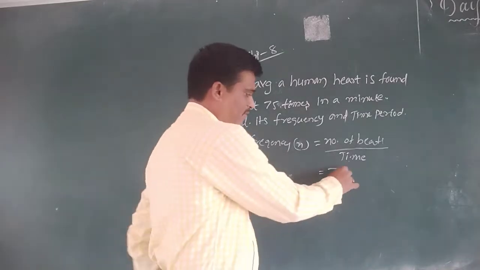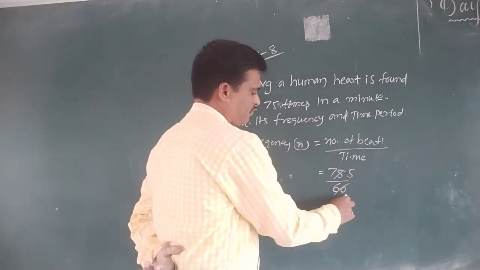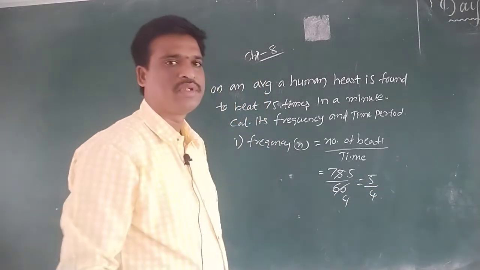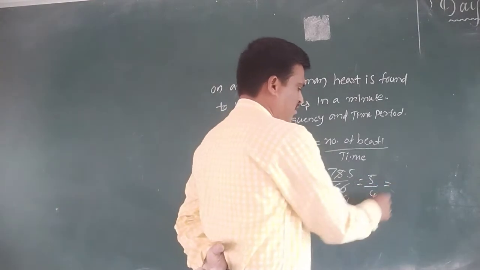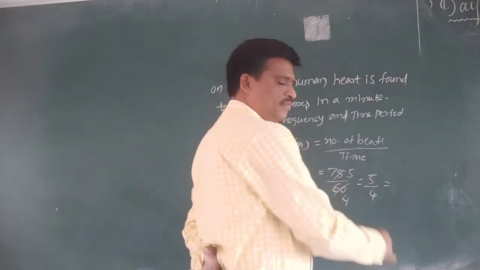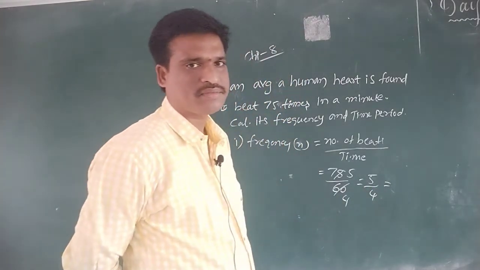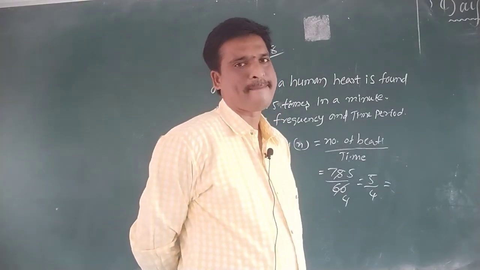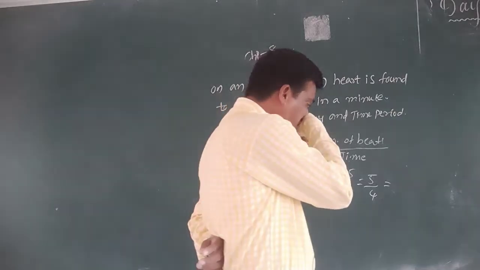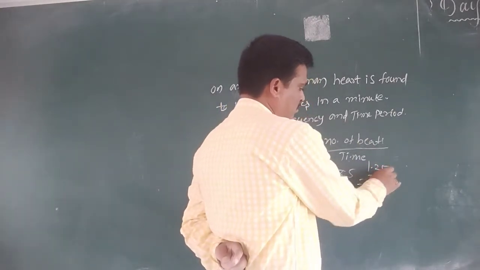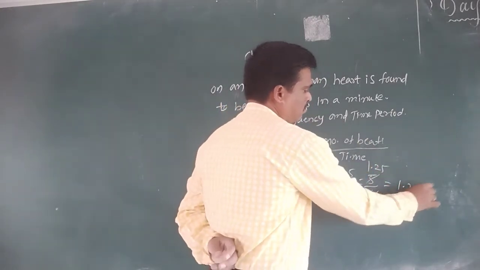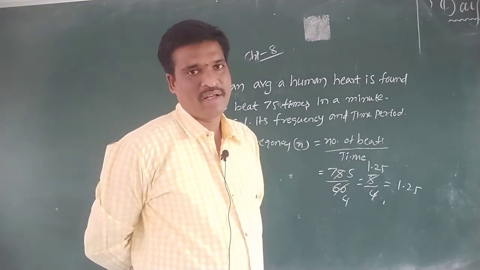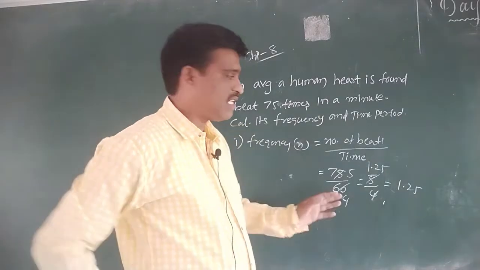So 15 5s, 15 4s, 5 by 4. How to calculate 5 by 4? So what is the answer? 1.25. What are the units of frequency?